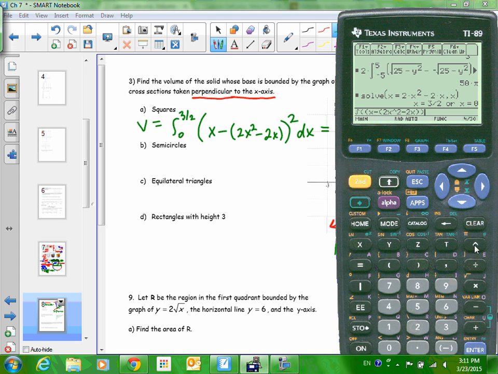Be very careful with your parentheses. Okay, 81 over 80.